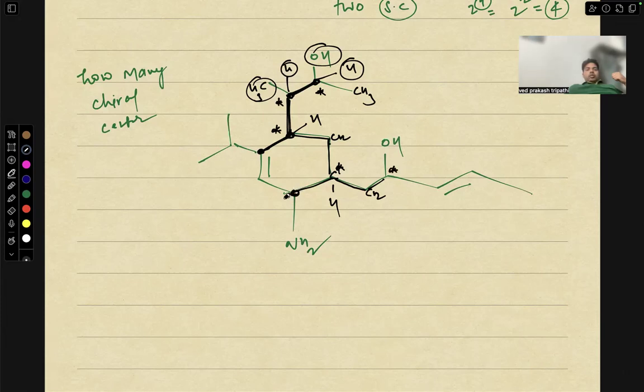And this one also, chiral. So how many? 1, 2, 3, 4, 5, 6. So we have 6 chiral centers. So this is the geometrical and chiral center. In the next video, we are going to deal with R and S configuration and the relationship between the molecules. Thank you so much.